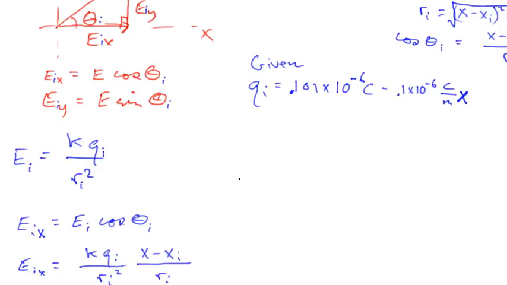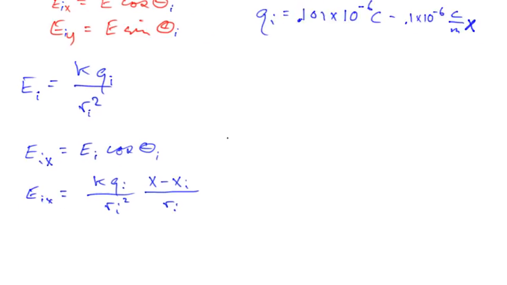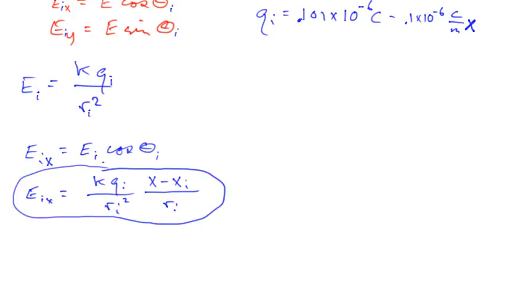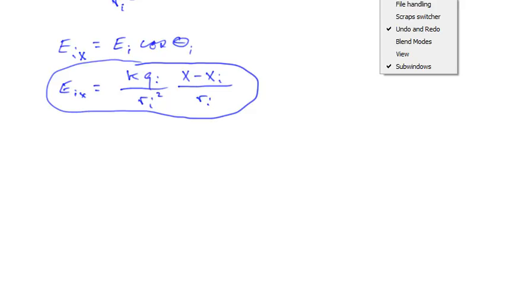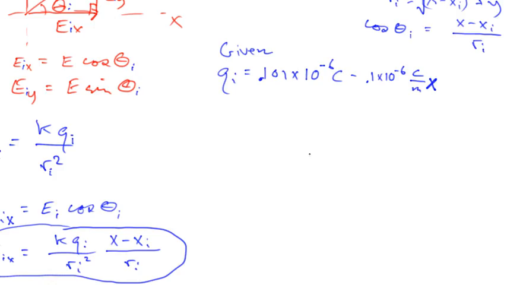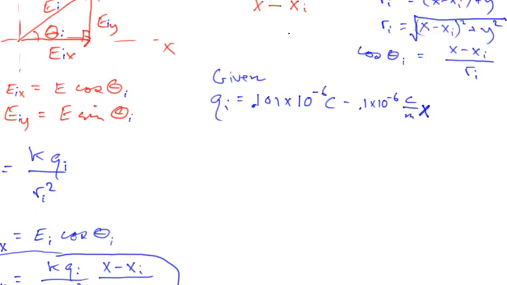Yeah, x minus x sub I over r sub I. So that gives me the electric field due to the ith particle, any one of them. For the first one, it would be r sub 1, x sub 1 there, and r sub 1 there, where all these things are known.